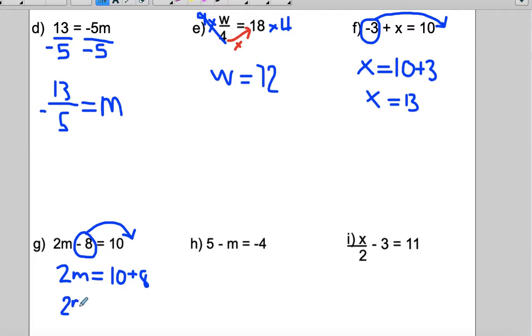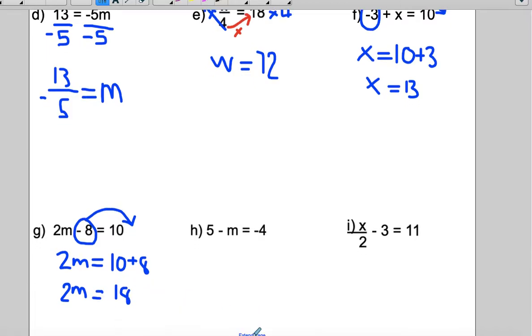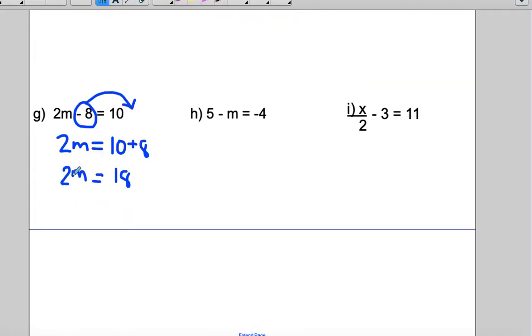So 2m is equal to 18. And then here, we isolate the variable by dividing by 2. So if we divide this side by 2, we divide the right side by 2, m is equal to 9.